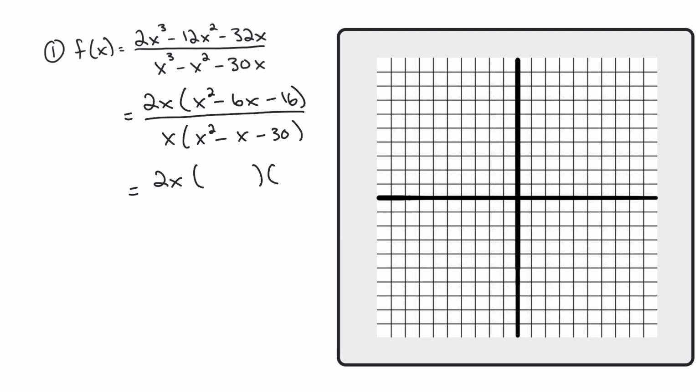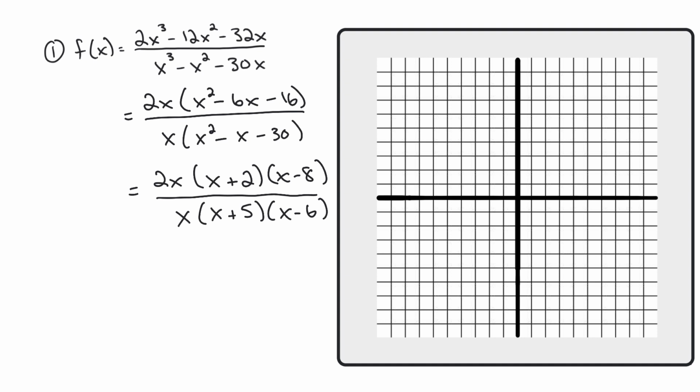But when you factor that, you're going to get x and x, 2 and 8, positive 2, negative 8. And then the denominator, that x is still on the outside. When you factor the trinomial in the parentheses, you'll get x and x, 5 and 6, positive 5, negative 6.